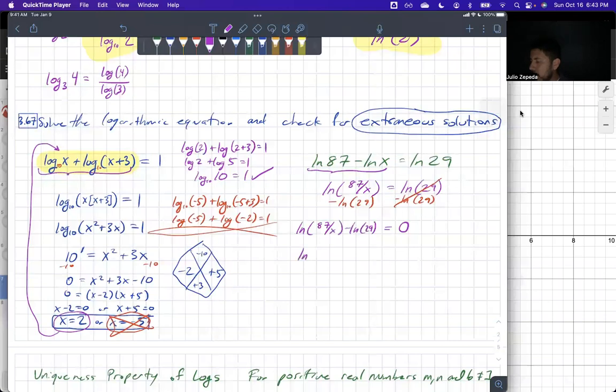So this becomes the natural log of 87 over 29x. That 29 goes into the denominator. And maybe let me write it as a fraction this way. 87 over 29x equals 0. And at the same time, actually, let me write this natural log as log base e, just so I don't have to write it again.